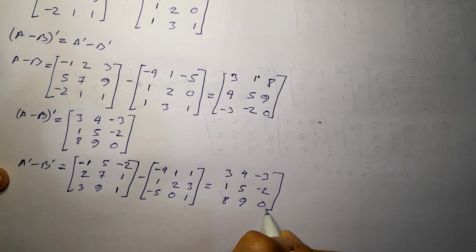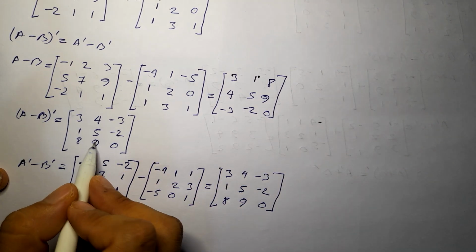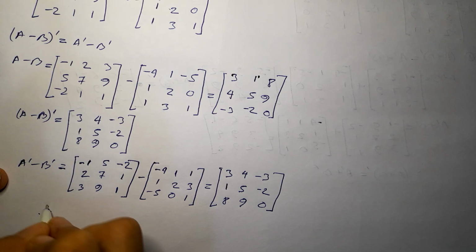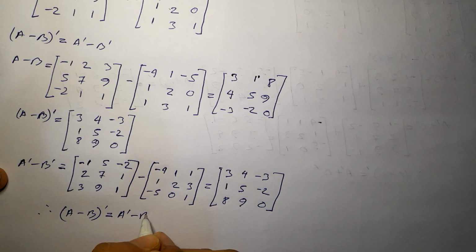Now check these two matrices: they are totally the same. Therefore (A - B) whole transpose is equal to A transpose minus B transpose.